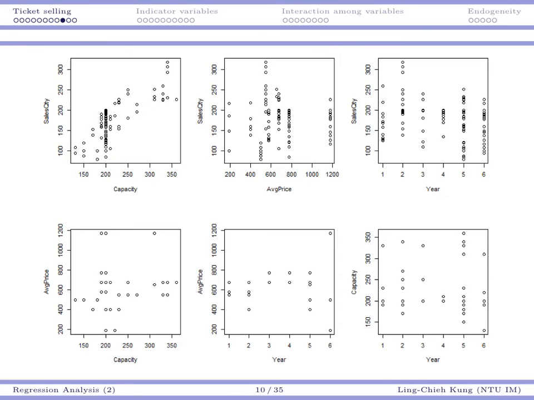So the scatter plots are here. Capacity and sales obviously have some positive correlation, so we need that. Average price and the sales quantity, the impact is not so obvious. It seems to us that people tend to like mid values of average price.